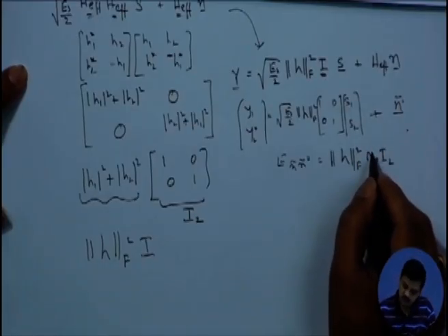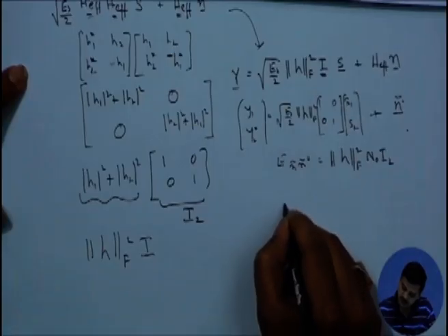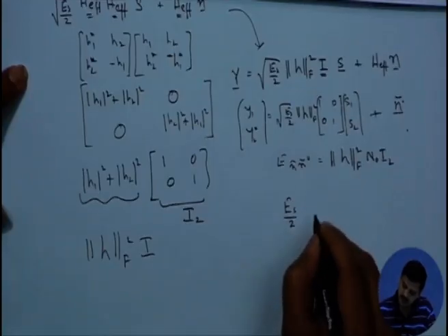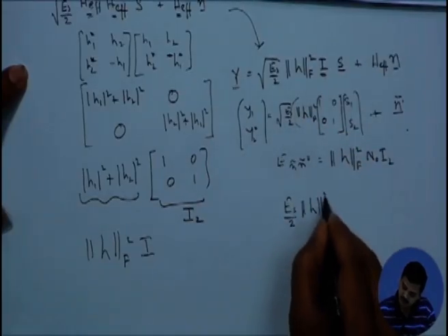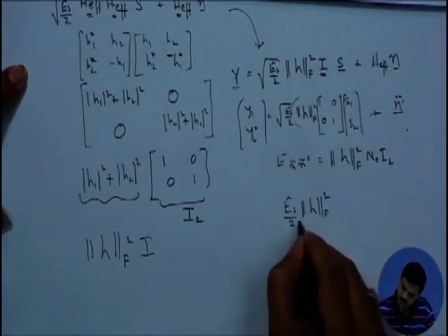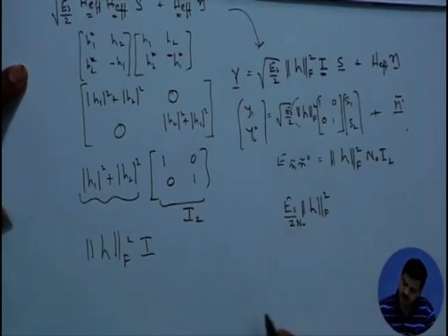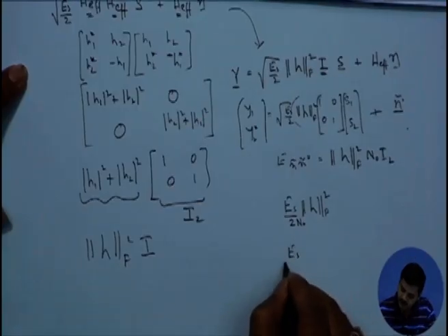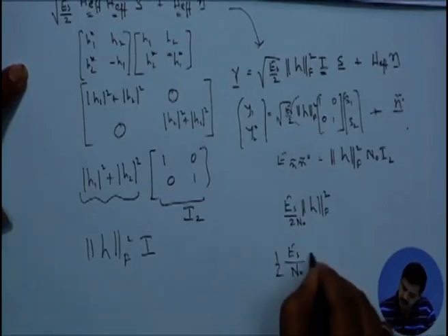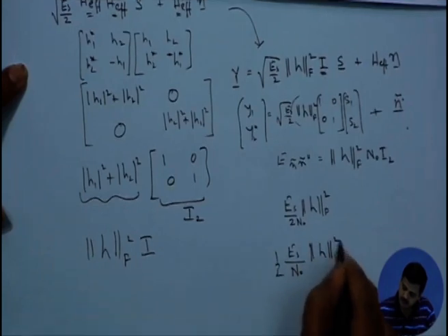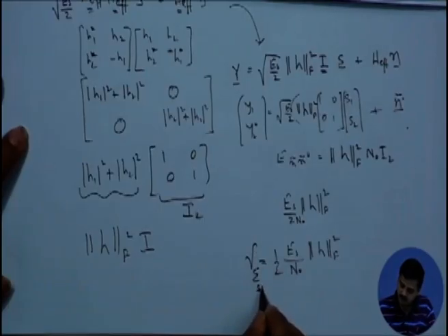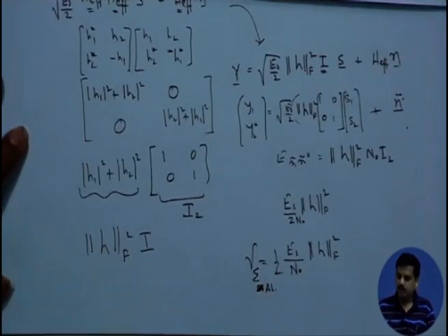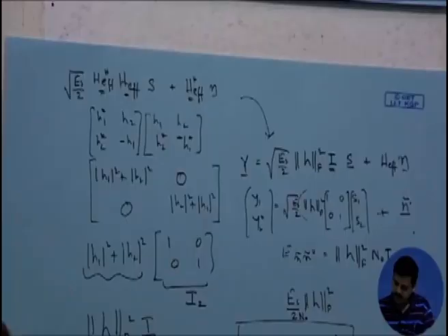If you have to calculate the signal to noise ratio for each branch, we will get Es by 2 squared divided by this squared, so it's basically h_F squared times, and this N0 will turn out in the denominator. So we have Es by N0 times half h_F squared. This is the effective SNR because of the Alamouti scheme that we get, and which will be useful for us in calculating the error probability expression.